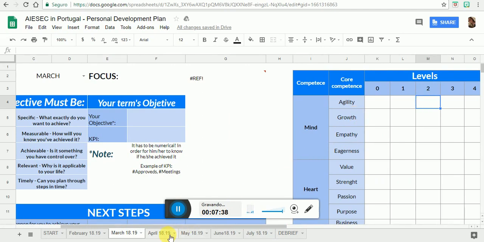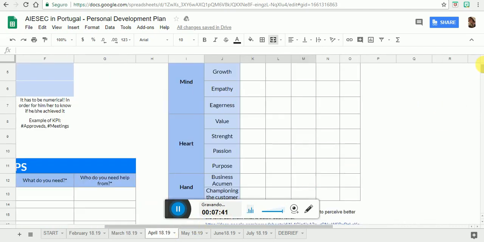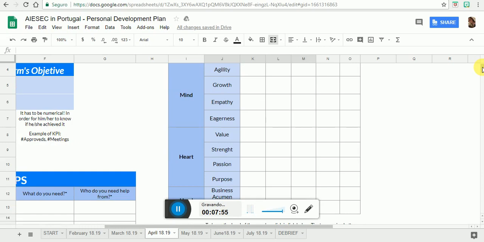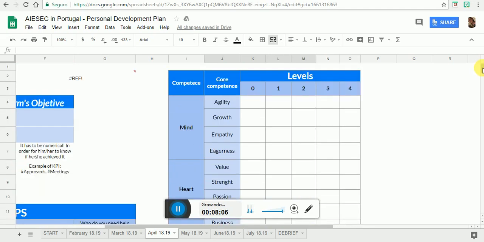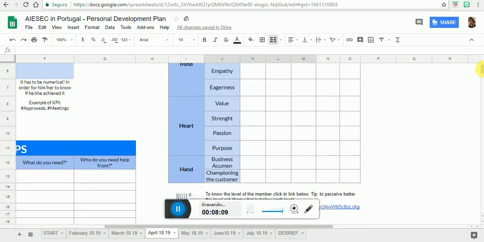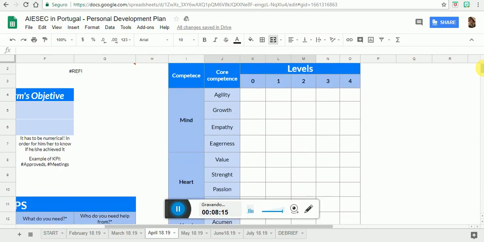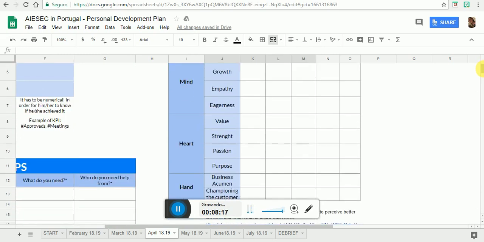This is very important for you to explain to the members because not all of them know about this, what this competence is about, and how it can help their experience and also outside AIESEC. So analyze how the improvement of their member was and which parts he or she needs to improve more. And this is an open space to talk and to think also about strategies and actions.